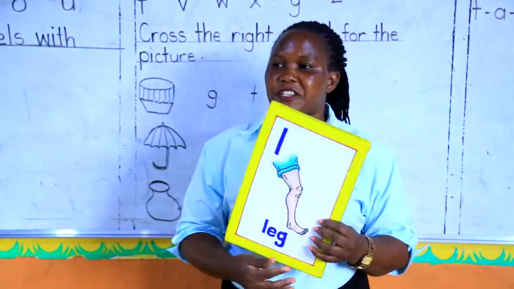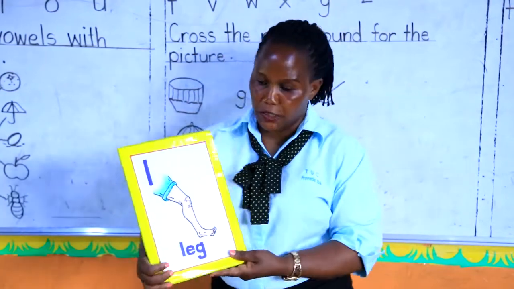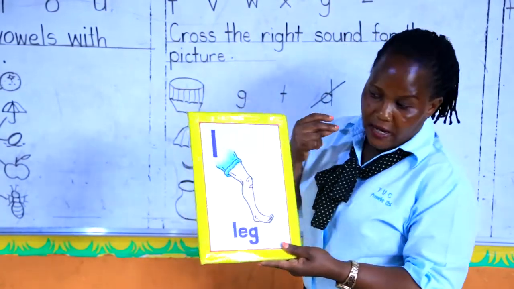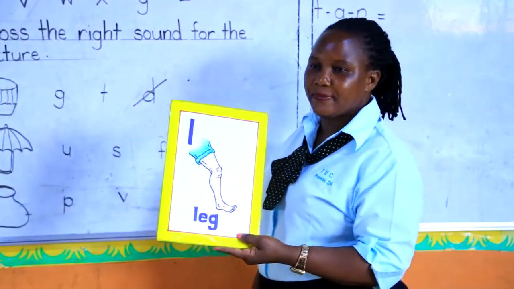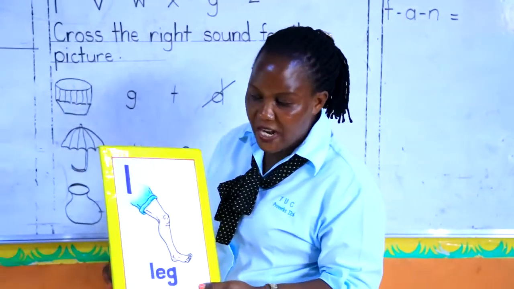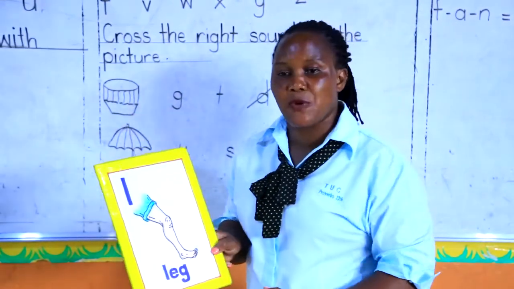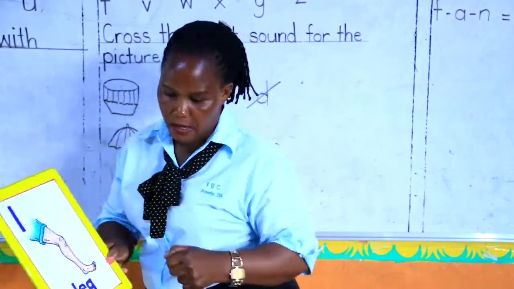What sound is this, class? Very good. When you look at this, who can tell us a friend of the sound? Leg. Wonderful. The word leg starts with the sound. That's why we say that a leg is a friend of the sound.